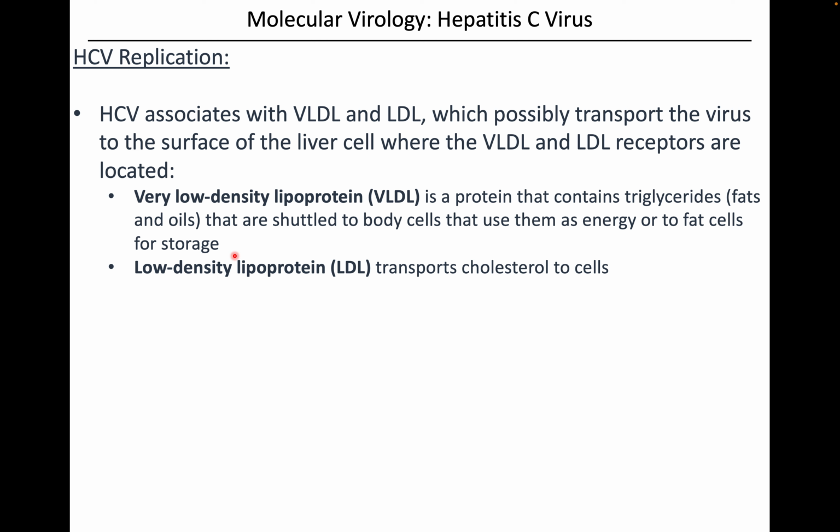But we think the virus is associating with these because they are going to go to the liver, which of course is where the hepatitis virus wants to go, where its receptors are located. So it's kind of using these lipoproteins as a Trojan horse almost, if you will, to at least deliver it to the liver.